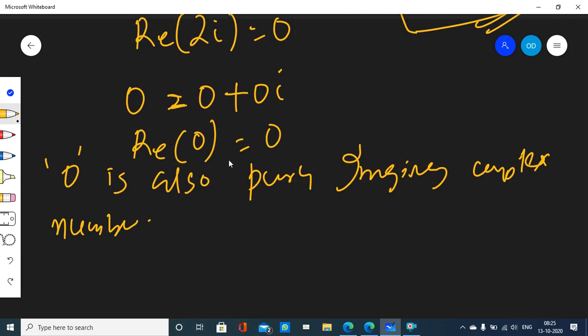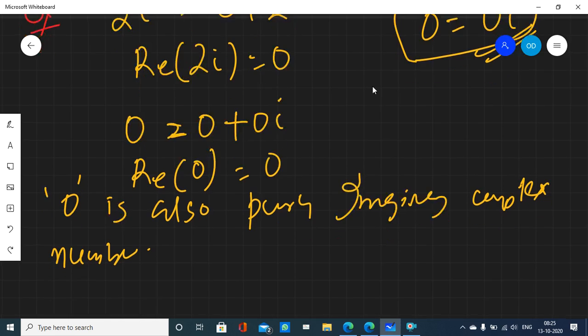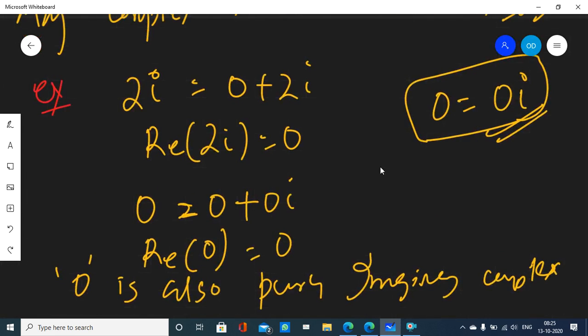So what did we learn? That 0 is both a purely imaginary complex number and a purely real complex number, because both the real part and the imaginary part of 0 are 0, right? So 0 is both a purely imaginary complex number and a purely real complex number. So this much we had already discussed.